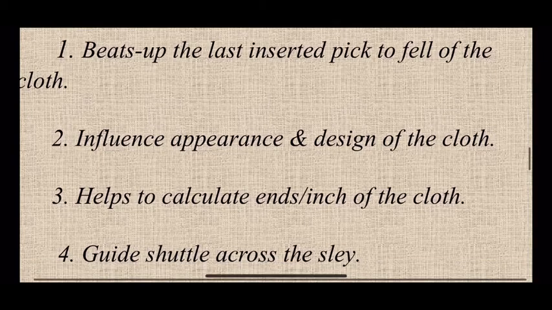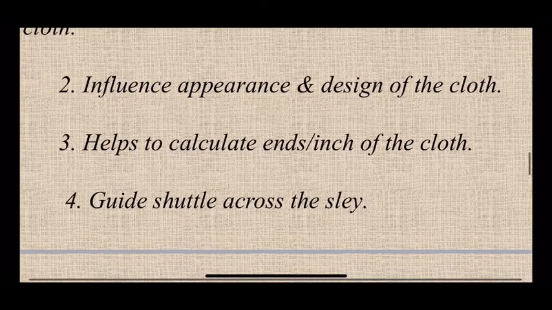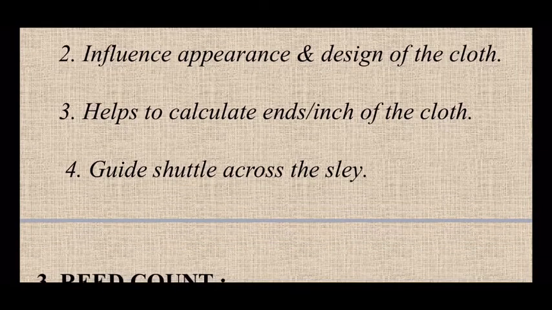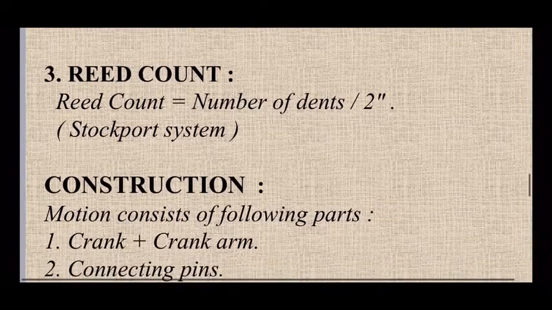It beats up the last inserted pick to the fall of the cloth, influences the appearance and design of the cloth, helps to calculate ends per inch of the cloth, and guides the shuttle across the sley. It means when the shuttle is moving from one side to the other across the sley, the reed guides it. It is specified by reed count, which is the number of dents per 2 inches in the Stockport system.